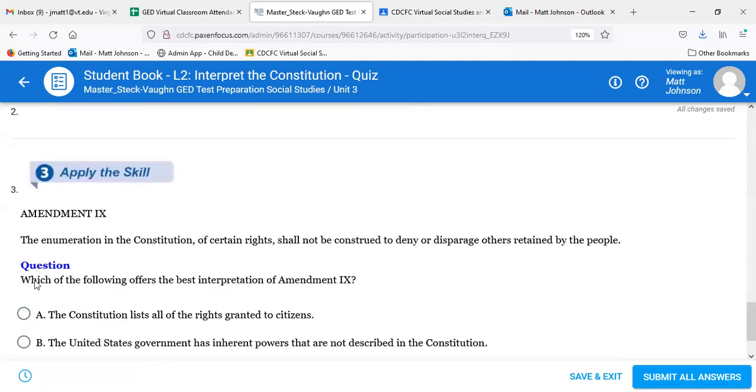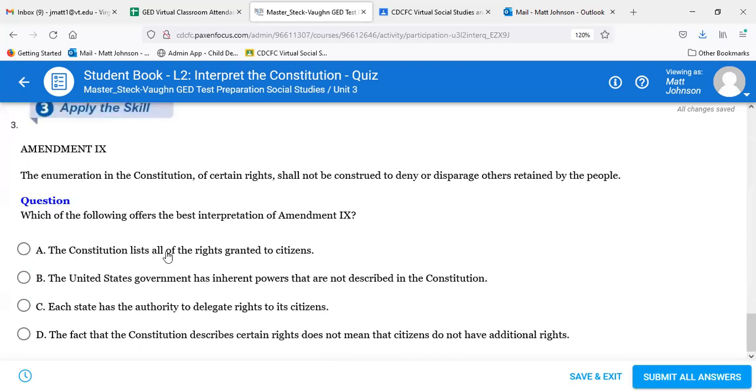And Amendment 9, and then the question. Okay, the enumeration in the Constitution of certain rights shall not be construed to deny or disparage others retained by the people.